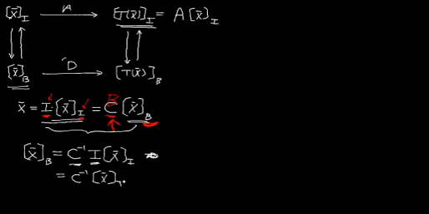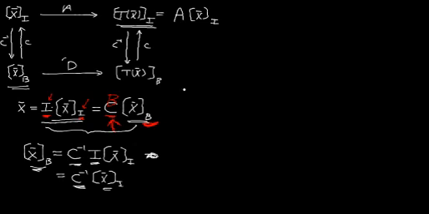That's how this and this are related. In other words, this x_B is obtained after you multiply C inverse to this one. So I have to write C inverse over here, therefore this is C. Likewise, due to the linear property, this one is C inverse, and this is C. That's how we got the relationship between D and A last time.